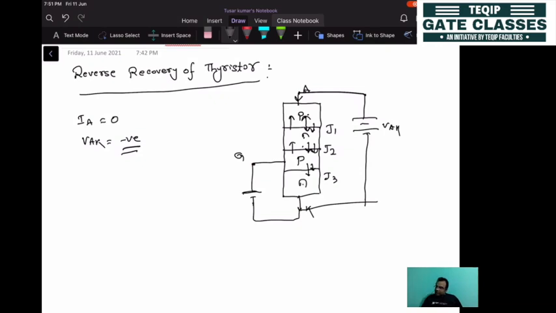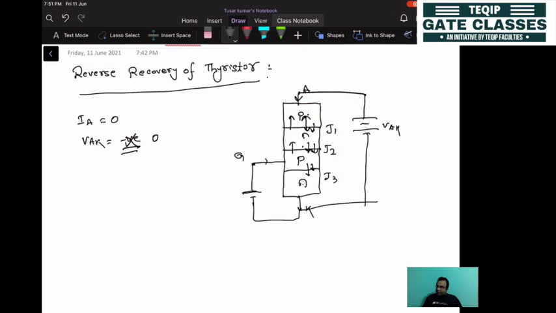Due to that reason, if you suddenly make it off without applying any negative voltage, just reducing the voltage to 0, then what will happen? The charge carriers exchanged during the on time will still be in the other layers. So in the next instant, it will not wait for the gate signal; it will be switched on.